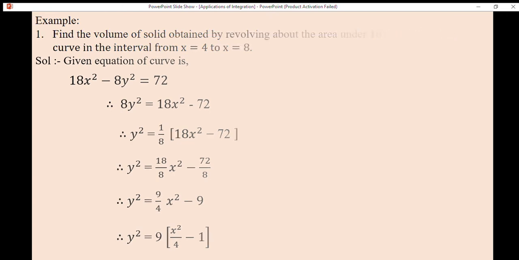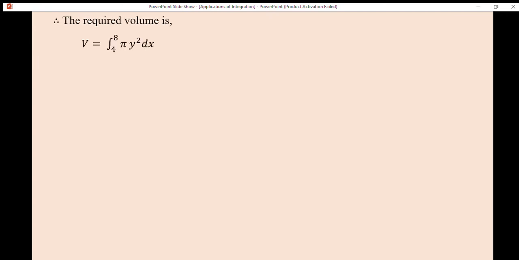Next, you just have to substitute the limits in your formula and the y square function which we have calculated. Your y square function is 9 into the bracket x square by 4 minus 1. See, we have substituted it here, 9 into the bracket. The limits are already given in your question, 4 to 8.